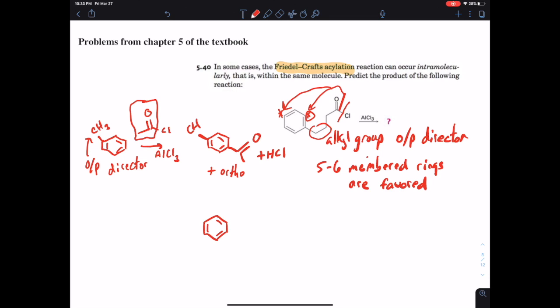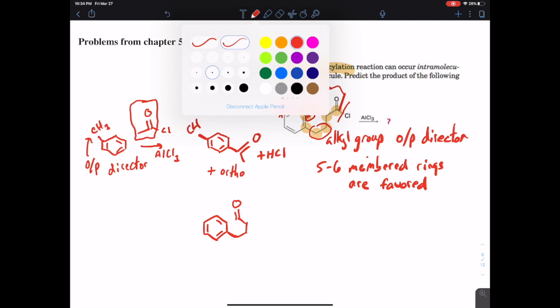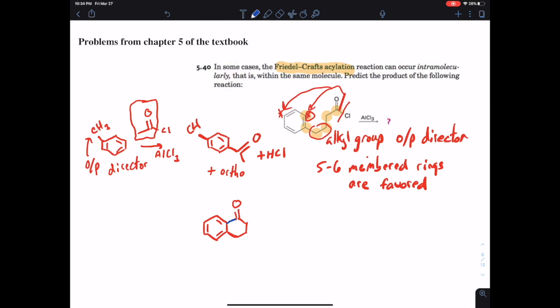So we have 1, 2, 3, 4, 5, 6. If you make the connection at the ortho and come back around, what we're going to do is have 1, 2, 3, 4. That's where our carbonyl is. And then here is the new bond right there. That's our new bond that we formed. So that is an intramolecular Friedel-Crafts acylation.